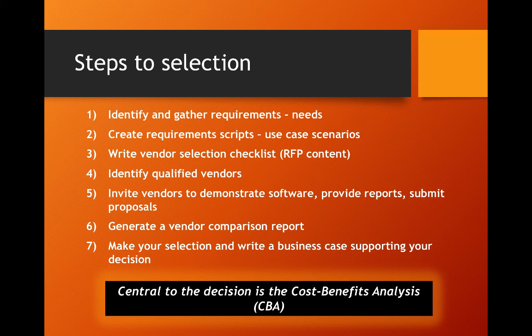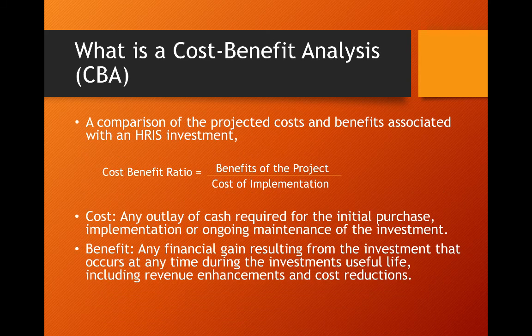But what I'm going to focus on is really that to select the system, there is a big step that you have to focus on, which is the cost-benefit analysis, because this is central to the decision. So a cost-benefit analysis is a comparison of the projected costs and the benefits associated with an investment.